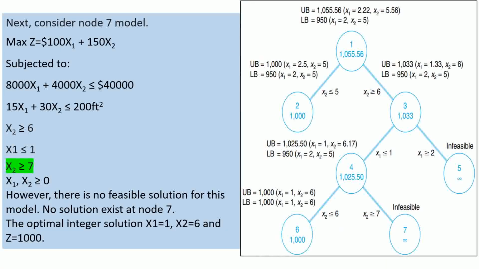Now let's add x2 greater than or equal to 7 by removing x2 less than or equal to 6. Now it becomes infeasible.